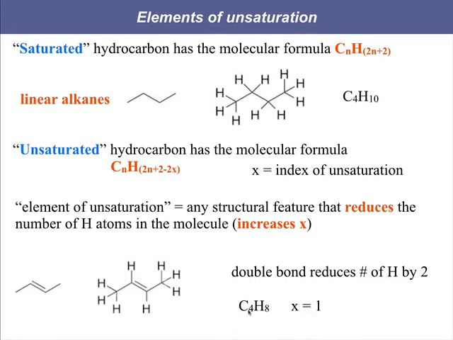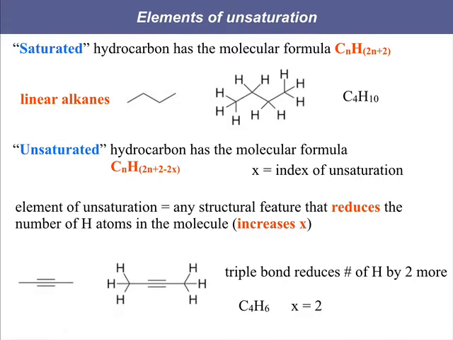And that element of unsaturation is the double bond. The double bond is responsible for taking up the space of 2 hydrogens. So we have to lose 2 hydrogens from our structure in order to allow for the presence of the double bond. Let's look at some other elements of unsaturation.